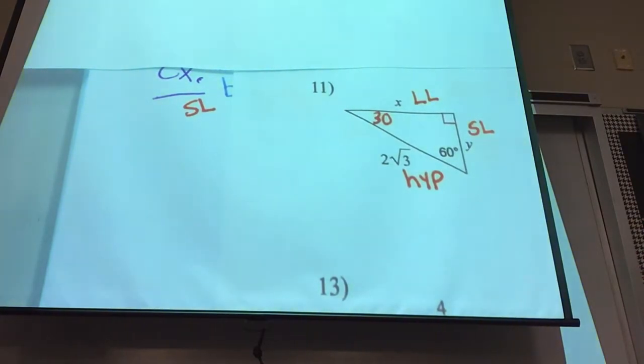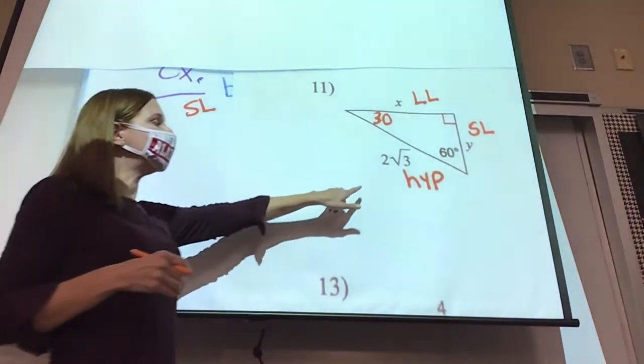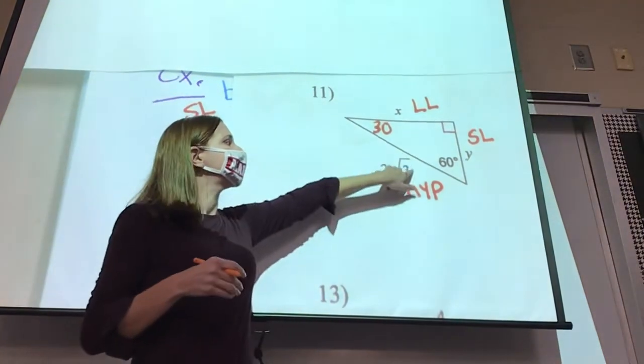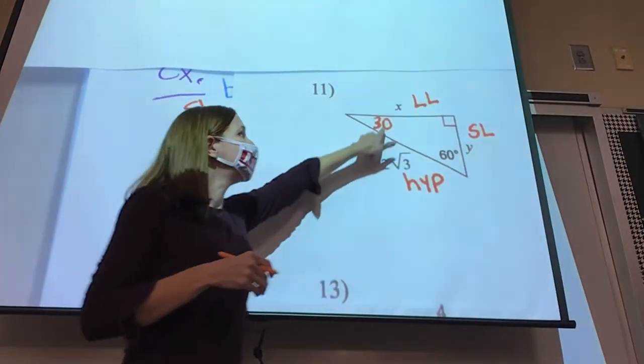So now all we have to do is fill that into our two problems. Now, out of the three pieces that we've got here, which one are we going to be able to fill in first? The hypotenuse. Hypotenuse is the only one that has numbers.